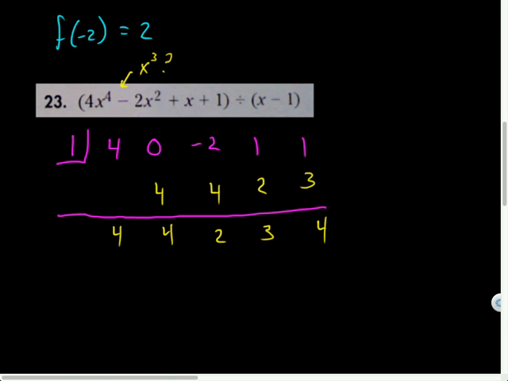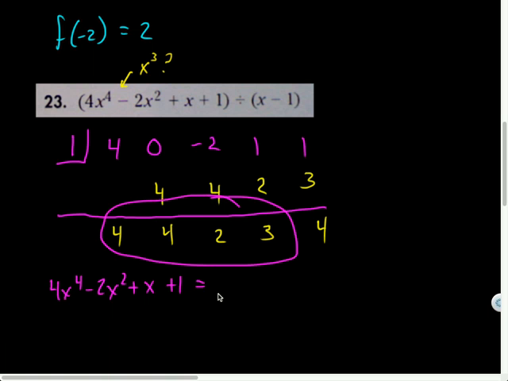So my answer, written in that dividend, is equal to the quotient. This is my quotient right here, right? So that is 4x cubed plus, that kind of looks like a 9, but pretend it isn't.